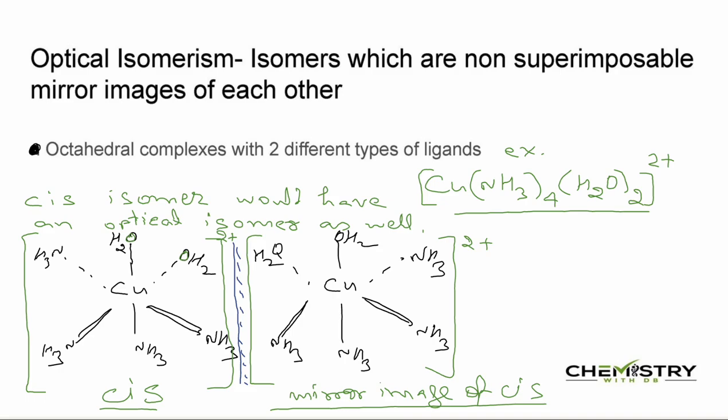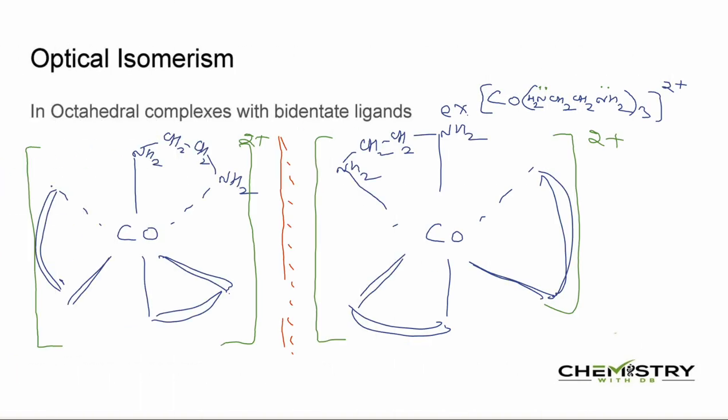Now let's see what happens when you have optical isomerism happening in octahedral complexes with bidentate ligands. For example, if we have ethylenediamine or ethanedioate, those are the 2 bidentate ligands, and we can see that it's a bidentate ligand because it has 2 nitrogens and these have 2 lone pairs, and both of these lone pairs can be used to form coordinate bonds with the cobalt ion.